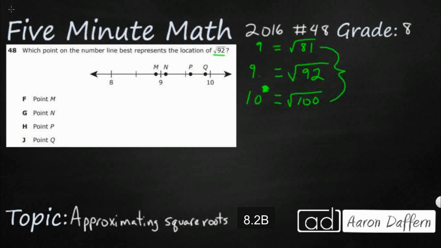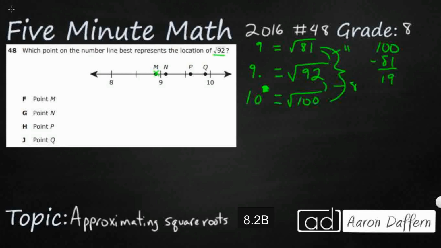So we can eliminate M just because M is going to be below 9, so it's going to be 9 point something. And now we're looking at how far away is 81 from 100, and is that in the middle, or near one side or the other? So 100 minus 81 gives me a distance of 19. So the distance from 81 to 92 is 11, and the distance from 92 to 100 is 8.